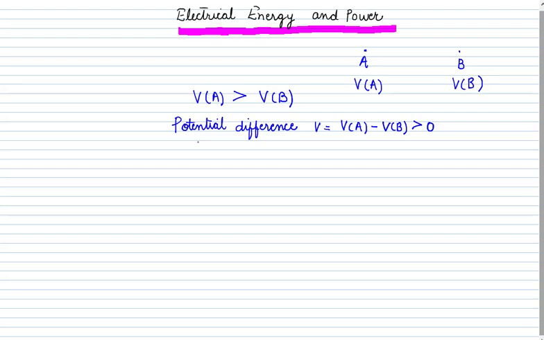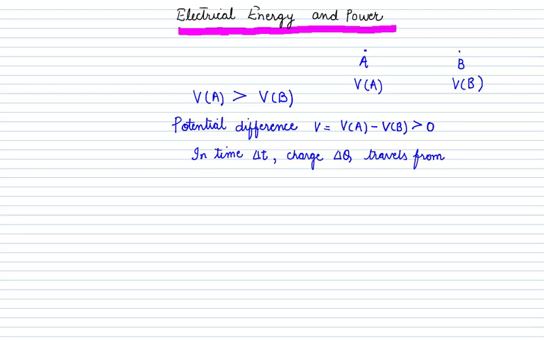Now let us say that in time interval delta t, we have a charge delta q which travels from point A to point B. Because there is a current flowing, we can say that there is a charge delta q flowing in time delta t from point A to point B. So we can easily write down the current.